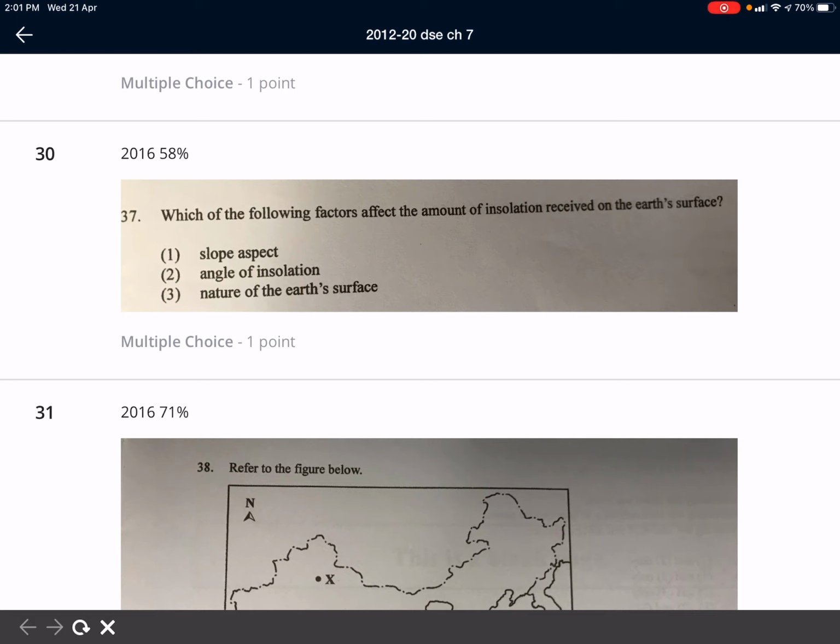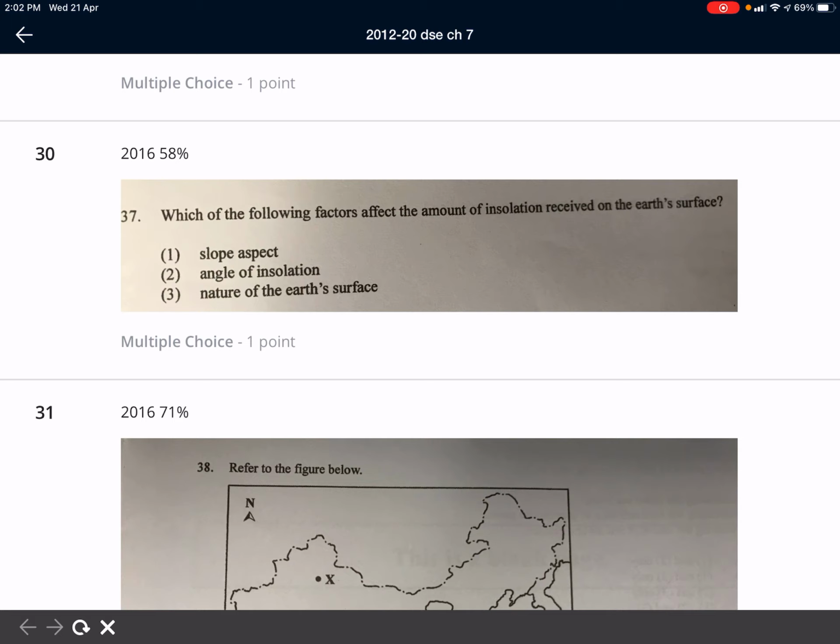If we are having a north facing slope in the southern hemisphere, it will be warmer because it's facing the sun, but the south facing slope in the southern hemisphere is less warm because it's blocked by the mountain. Okay, and vice versa for the northern hemisphere. So number 1 is right.